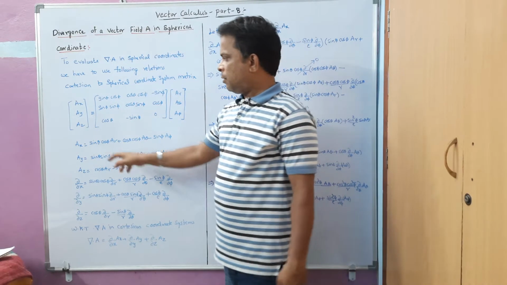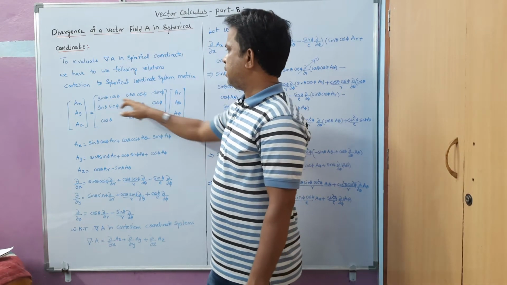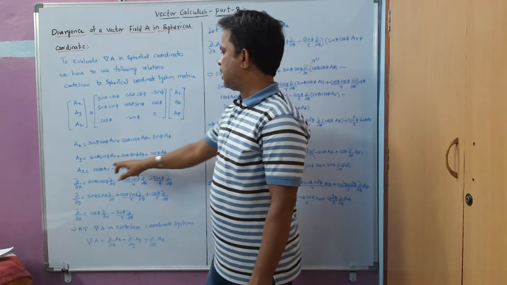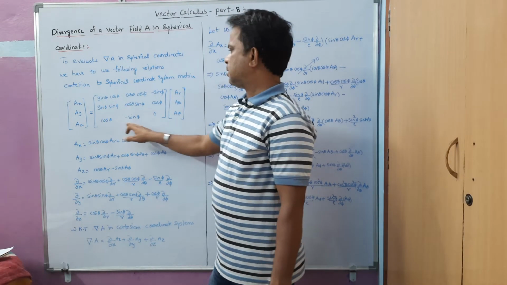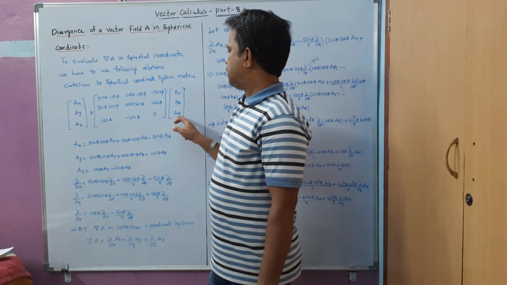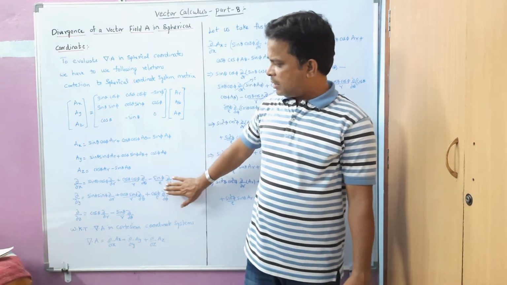Now we take the matrix like this: Ax is this row multiplied into this column, and next Ay is this row into this column, and Az is cos theta Ar minus sin theta A theta, and this is 0. Now another thing we have to remember is dou by dou x.